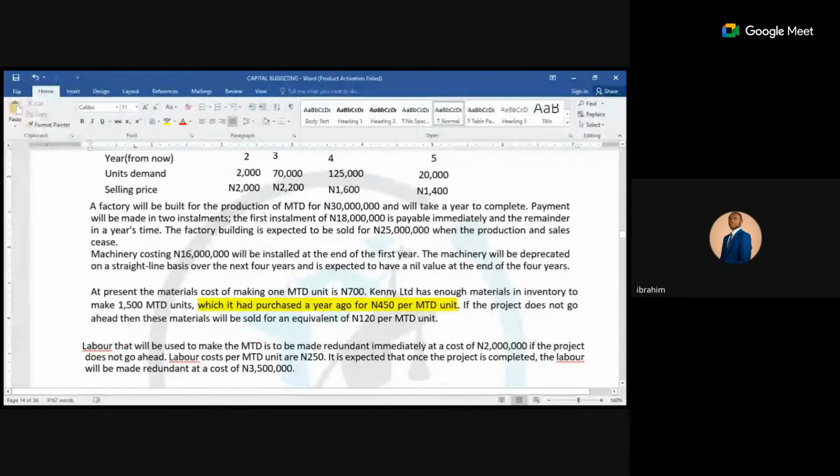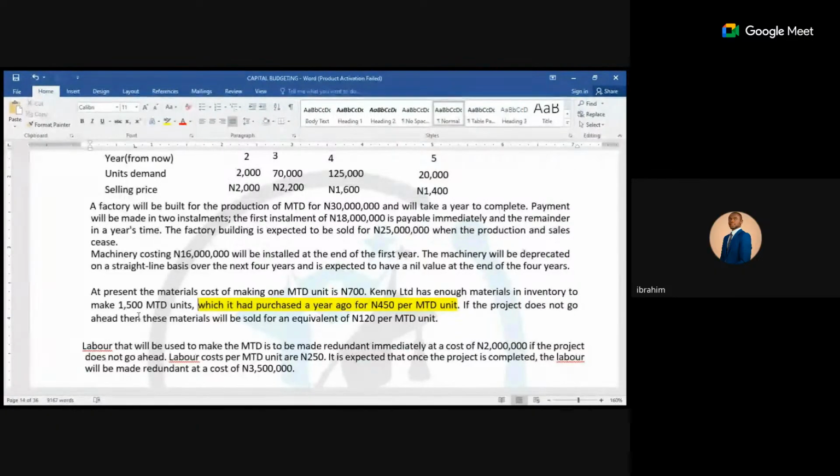Now, what is the demand? The demand is 2,000 units. And we have 1,500. Let's do it this way.